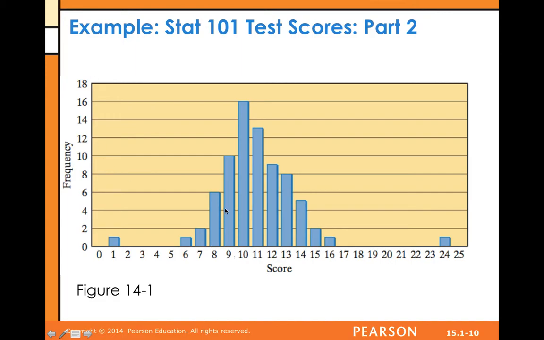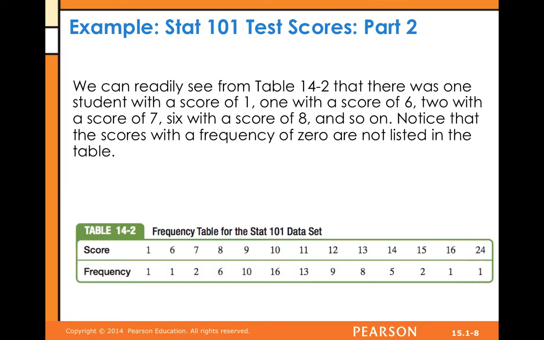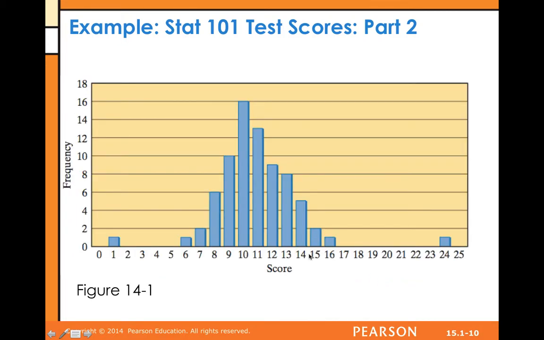So 9 people got a score of 10, 10 people got a score of 16, etc. If you compare this figure to this frequency table, the scores are on the horizontal axis, and then you just build a bar that has the corresponding frequency height. So you build a bar at 10 that has height 16, a bar at 14 that has height 5, a bar at 15 that has height 2, etc.